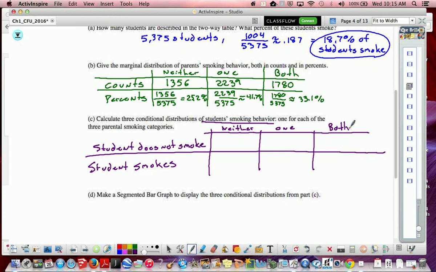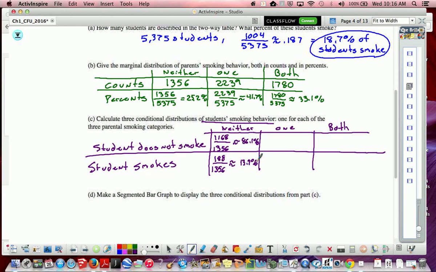So if we take a look at the 1,356 students that fell in the neither category, what percentage of them smoke versus not smoke? So we had 1,168 out of the 1,356, which is about 86.1%. And then you had 188 out of 1,356, which is about 13.9%.